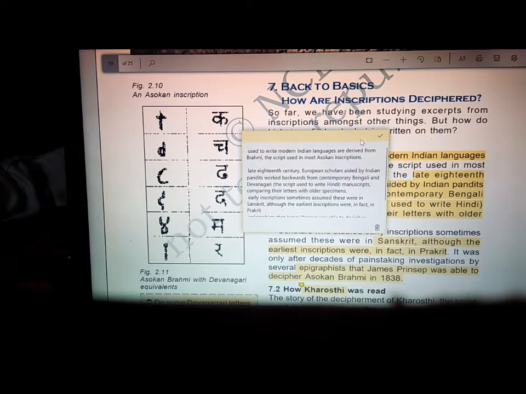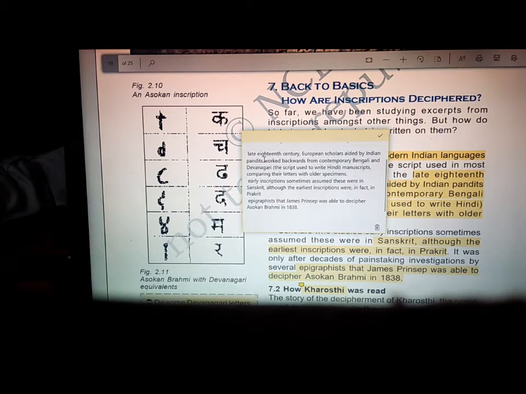So first of all, they have given about the Brahmi language, which was the ancient language and which is similar to Indian languages. Like other scripts and like Sanskrit and Tamil, they are equivalent or similar to Brahmi. Most of the Ashokan inscriptions were also written in Brahmi. Now, in the late 18th century, European scholars also studied the inscriptions or the accounts which were translated by the Indian Pandits, or you can say the Brahmins.